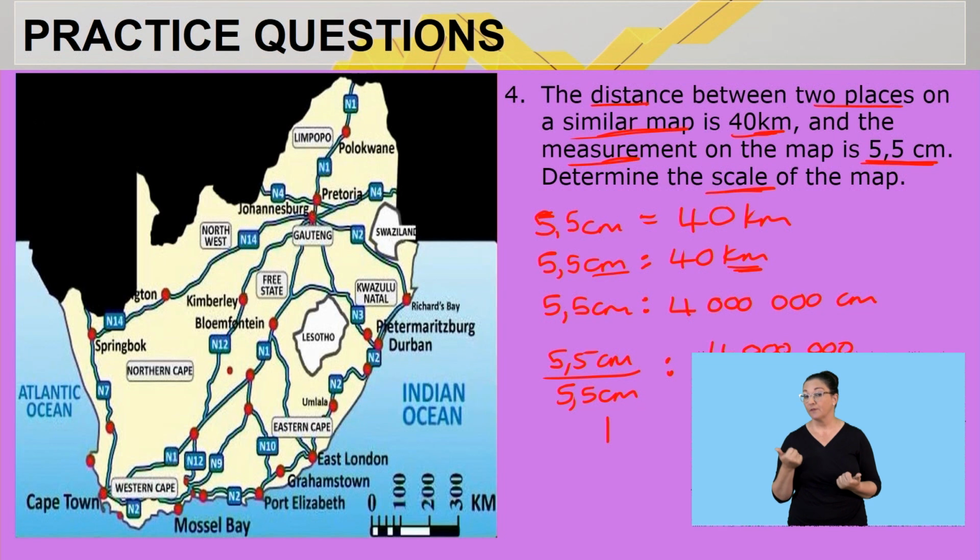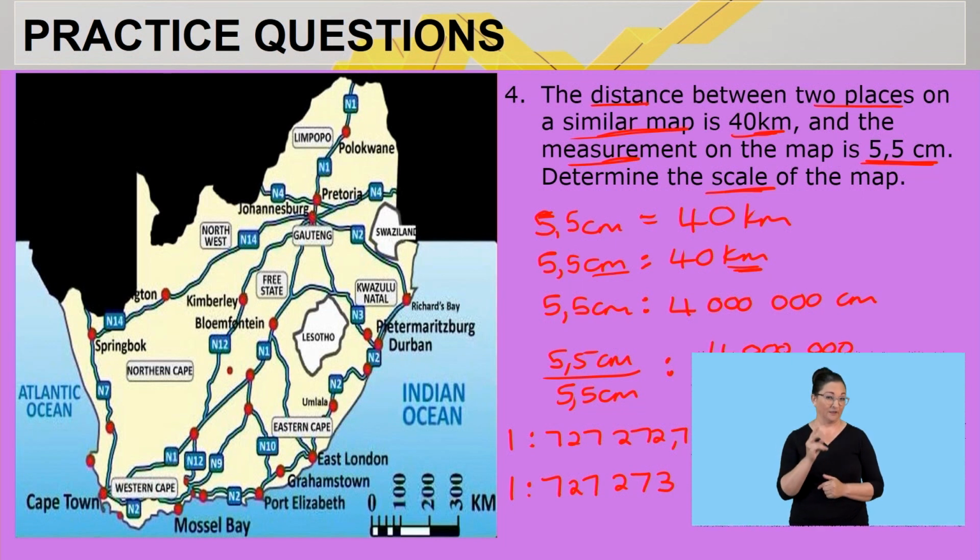So when I do this, I'll get an answer of 1:727,272,7273. So I will round this off to the nearest unit. Therefore, this scale will be 1:727,273.